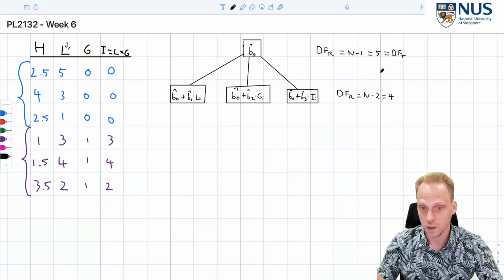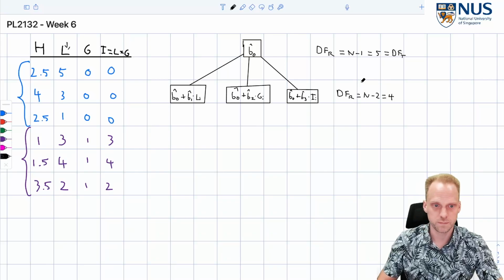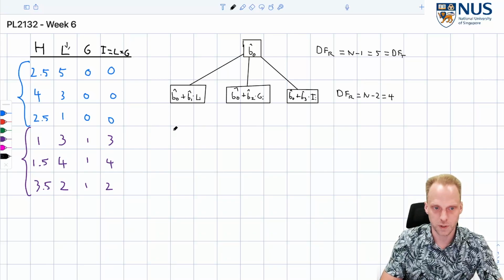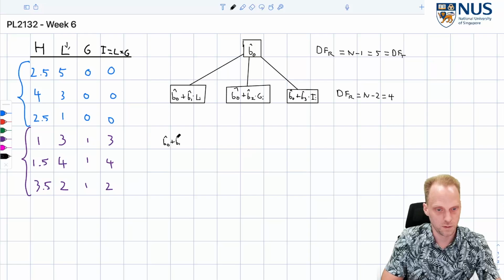Now we can make it more complicated and include also models that have more predictors. So we could make a model where we have B0 plus B1 times loneliness plus B2 times the group membership.